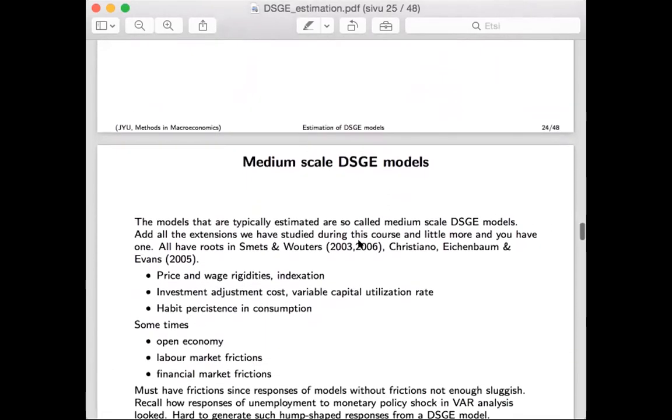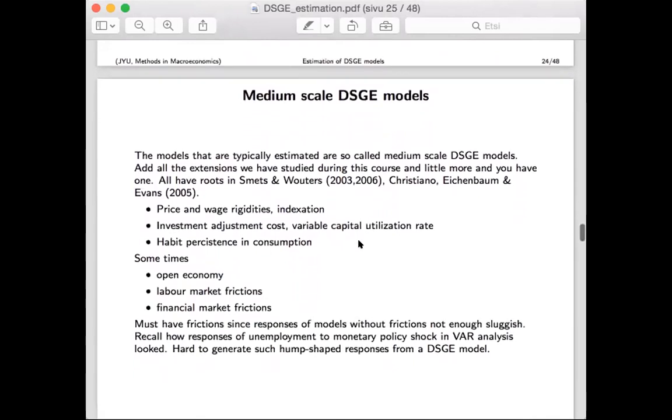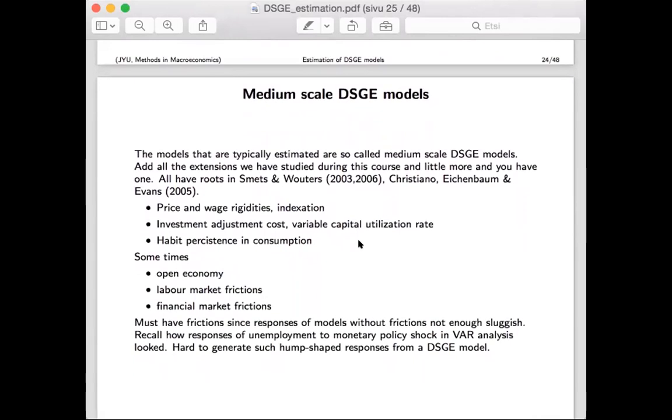The models that are usually estimated are a bit larger than we have studied during this course, but basically they are New Keynesian models with RBC model stuff that we have studied, and then some extra. But just combining everything we have studied during this course into one model is quite close to medium-scale DSGE models that are used in applied work.